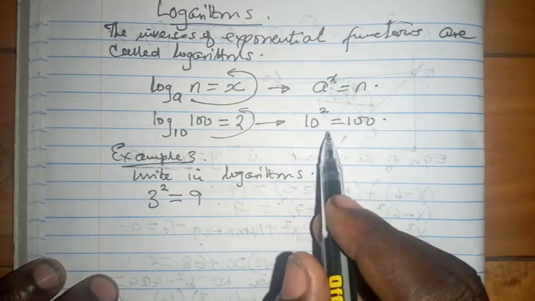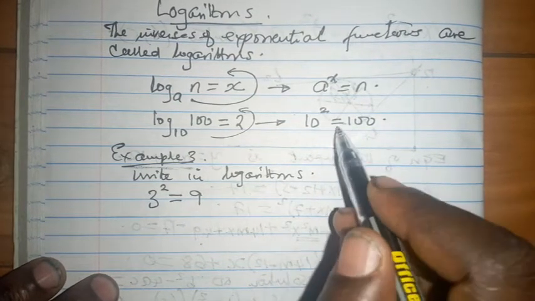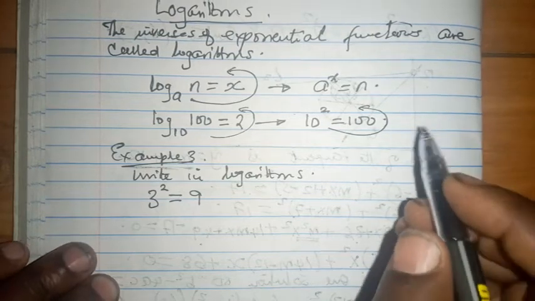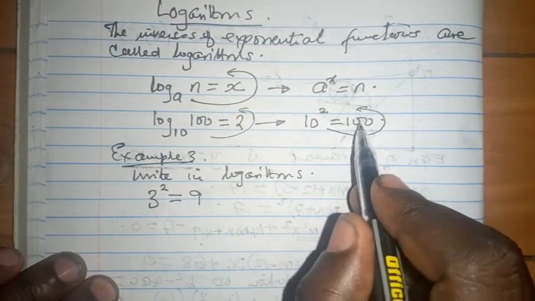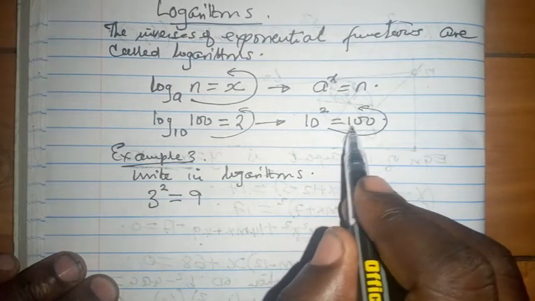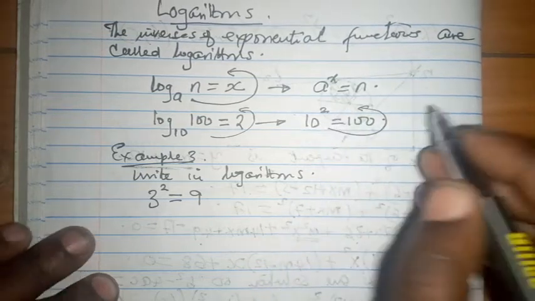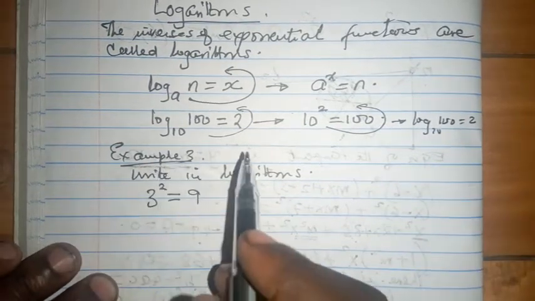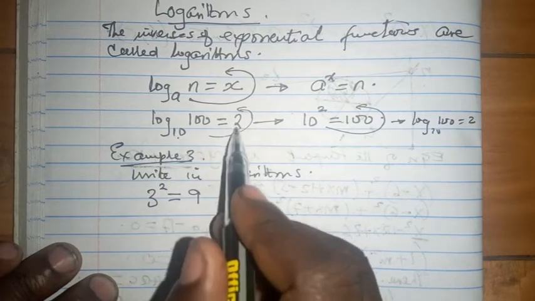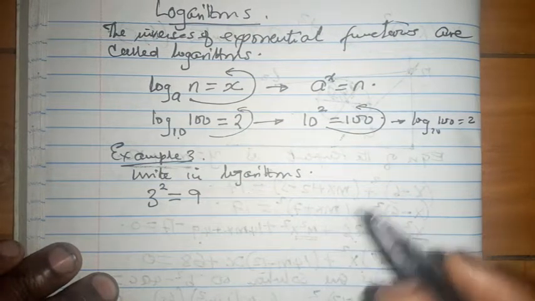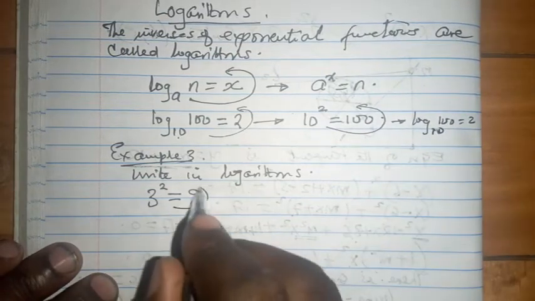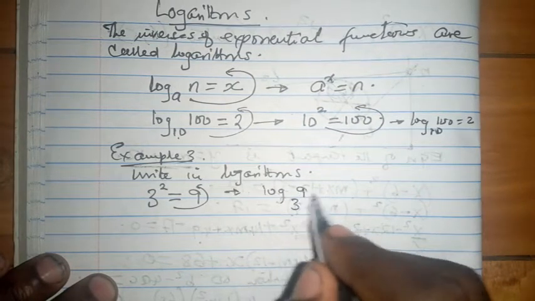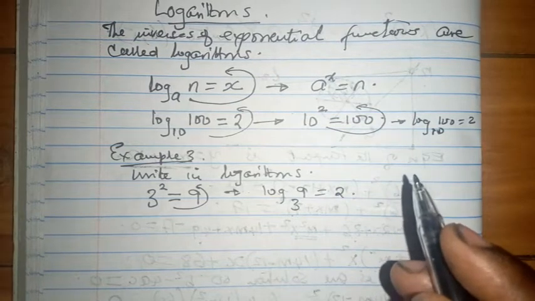If you have the index notation and you want to write it in logarithmic notation, again, you apply the anti-clockwise movement and say the log to base 3 of 9 is simply 2. And that is what we have.